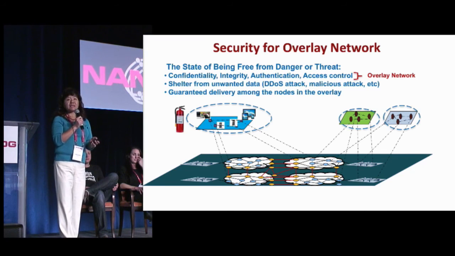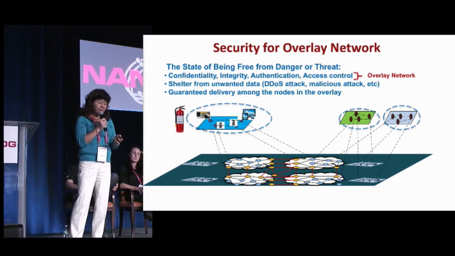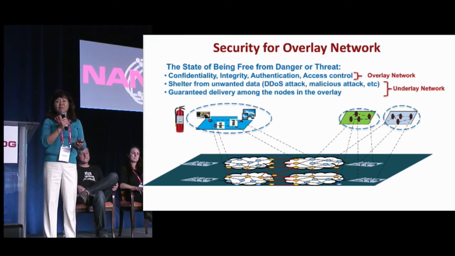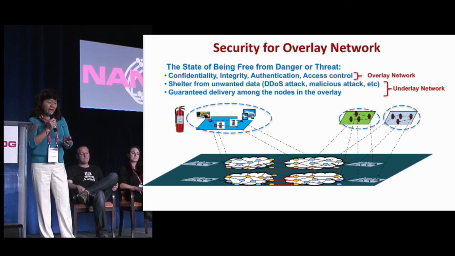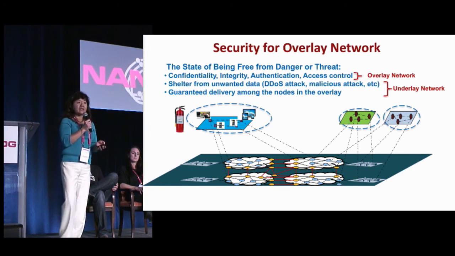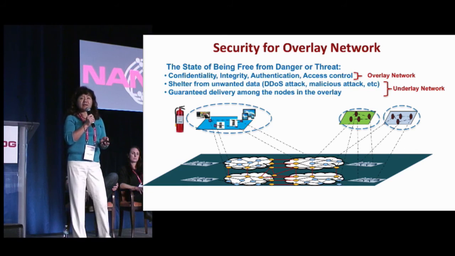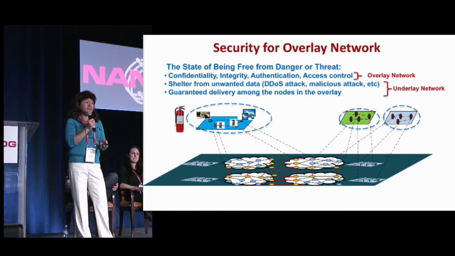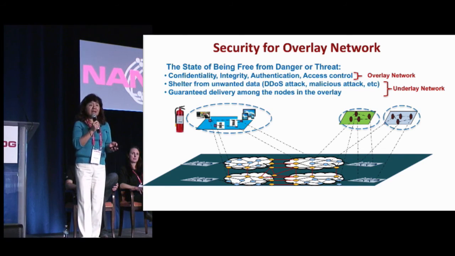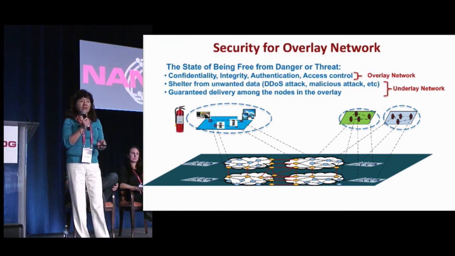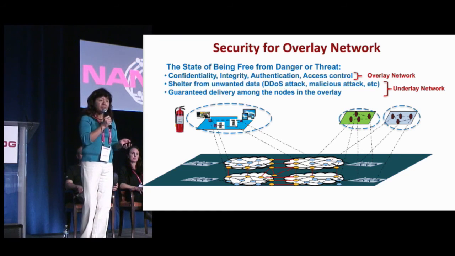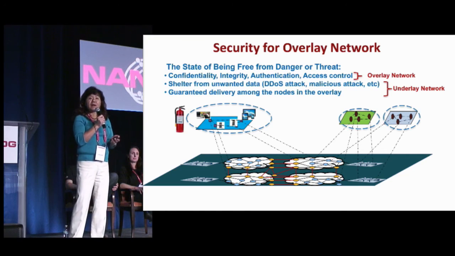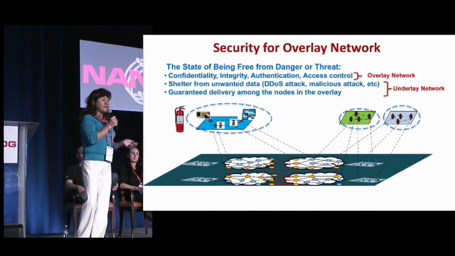But for other aspects, though there are parts that can be done by the overlay, the underlay can provide lots of features, lots of capabilities to reduce the pain the overlay network can feel, especially if your overlay network is under attack. Like your access ports, your access link can be saturated with DDoS attack traffic, so the overlay nodes are not able to receive the traffic they need to receive, or deliver traffic between overlay nodes.